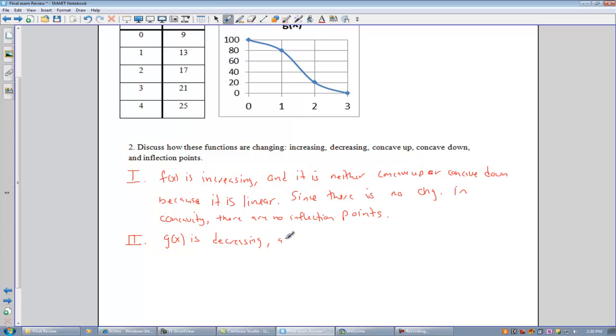It goes from concave down to concave up.